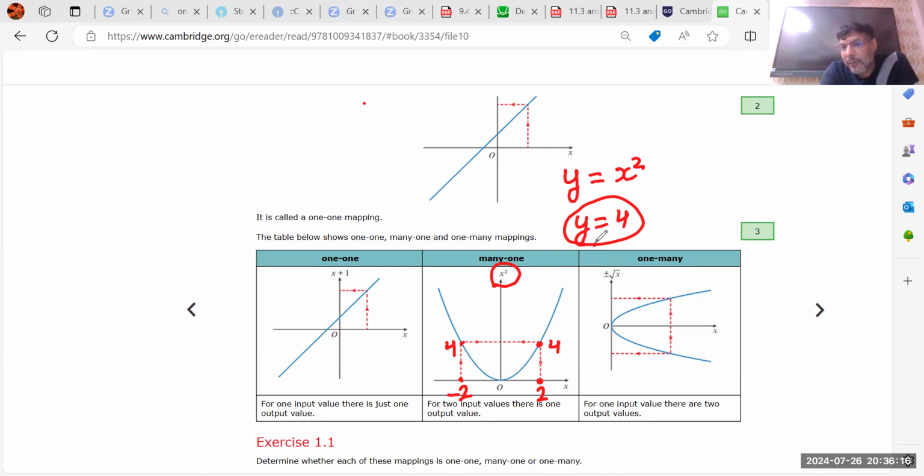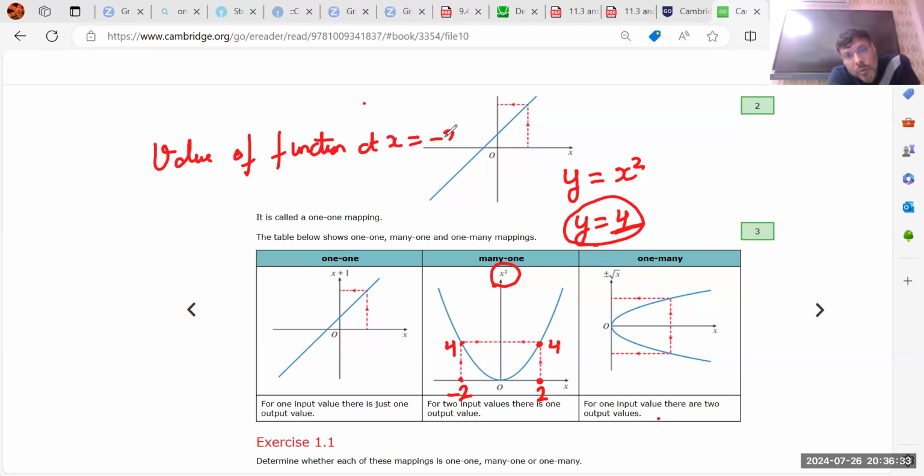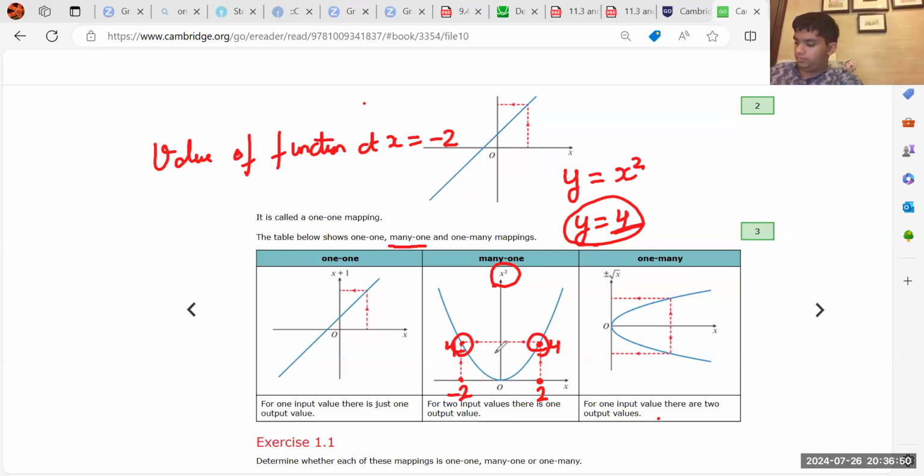This is called the value of the function at x equal to -2 also. So what type of mapping is this? Many-one mapping.